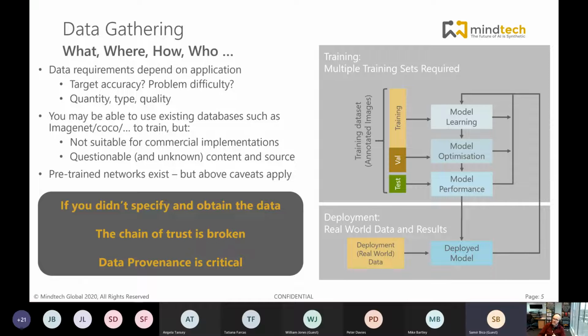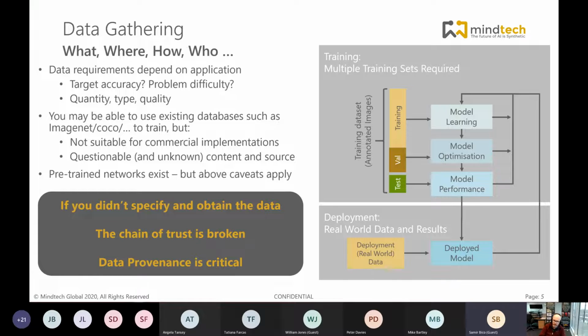So in terms of data gathering, we have to think very carefully about what the target application is, and the target application will very much depend on what accuracy we're trying to achieve. Going back to the previous examples of automotive, if we're trying to detect a child or any pedestrian, it's critical that we identify them very accurately.